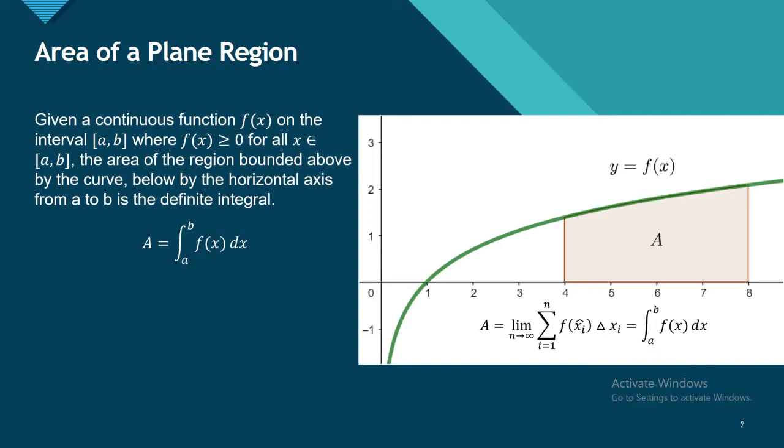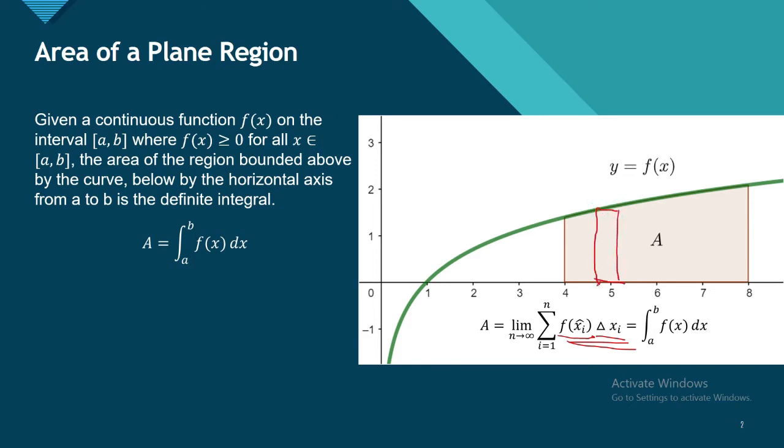As n approaches infinity, you can imagine those rectangular strips appearing like line segments, and each rectangle has an area represented by this: the height of your rectangle, f of x, times delta x sub i, which is the width of your rectangle.